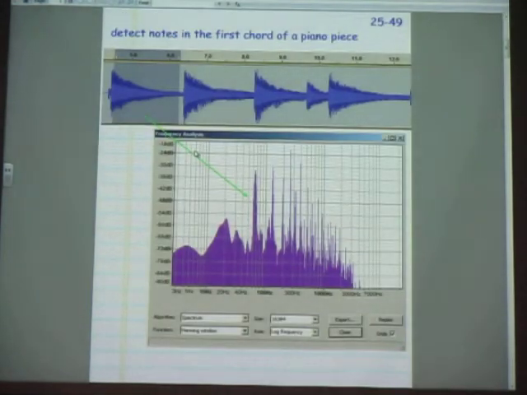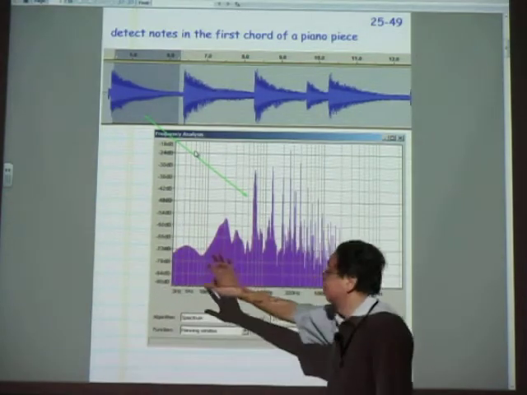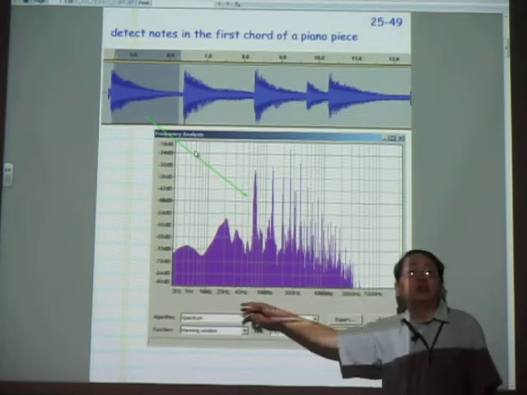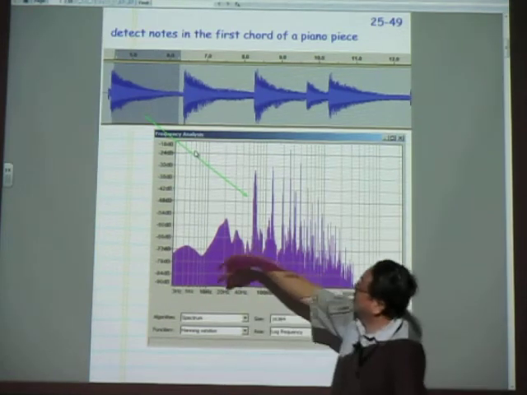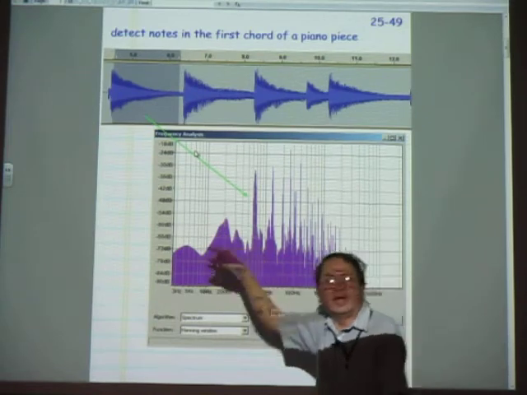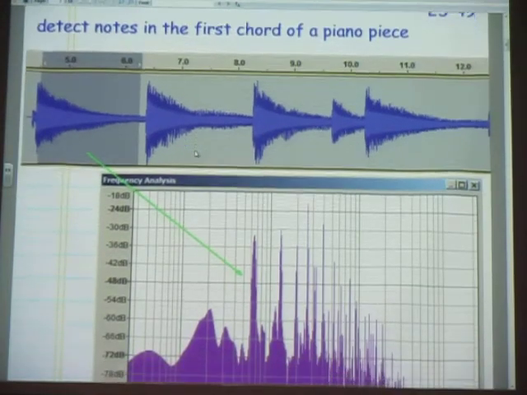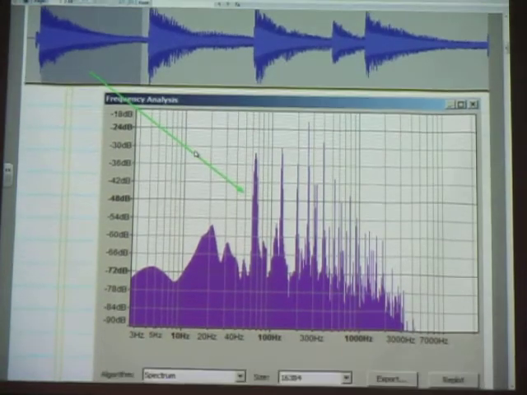Below what you see here is the fast Fourier transform spectrum. The horizontal line is frequency in hertz, and the vertical line is in decibel. We'll get to that later. Essentially, it measures how strong the signal would be for each frequency.